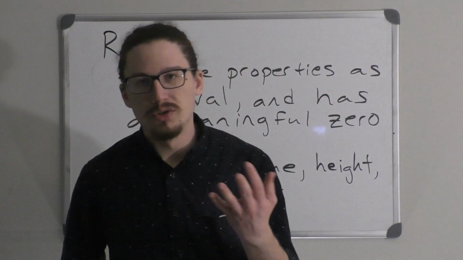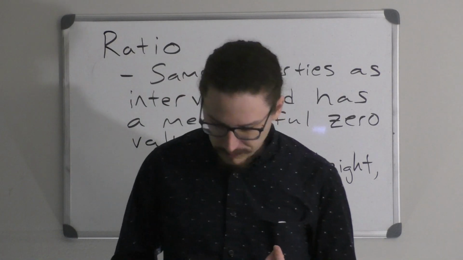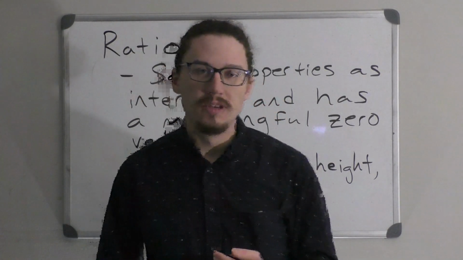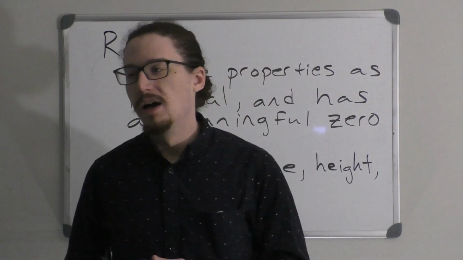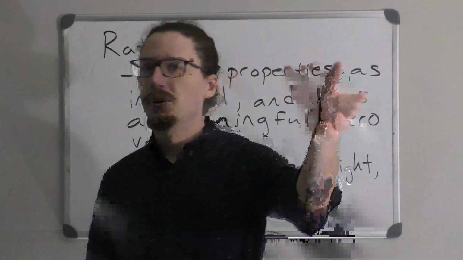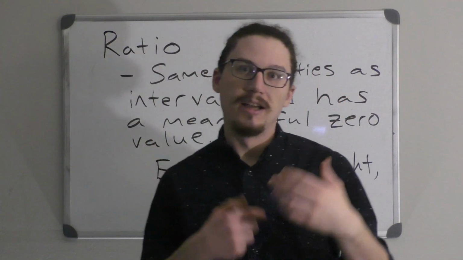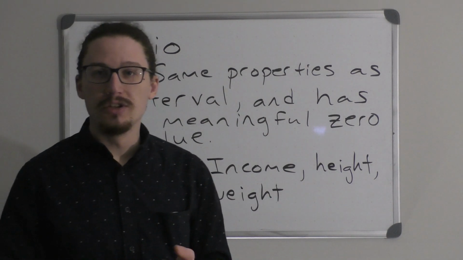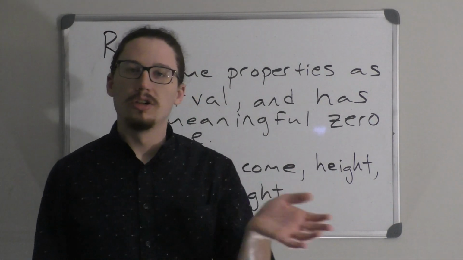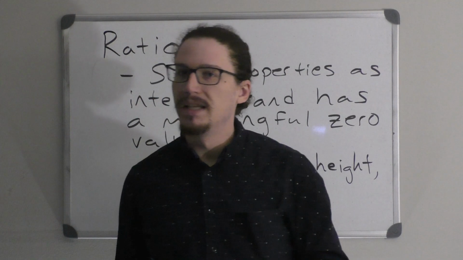Think of income: we can definitely do all of those first three things with it. We can put it into distinct groups and categories based on the amount. We can order it. If you have $10 and somebody else has $20, that person has a higher income than you. And it has those fixed units of measure.